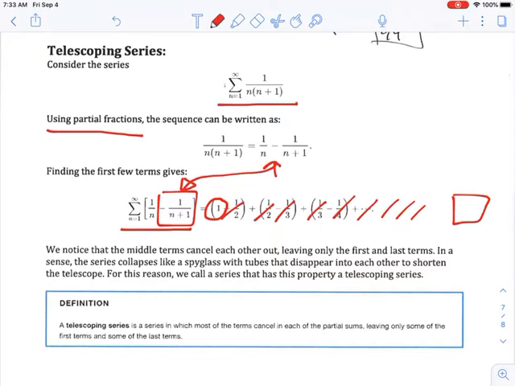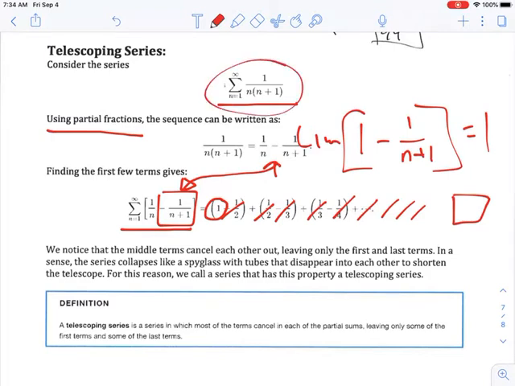And so all we would be left with is 1 minus 1 over n plus 1. All right? And then all we have to do is take the limit of that, and it's going to end up being equal to 1. So this series converges to 1.